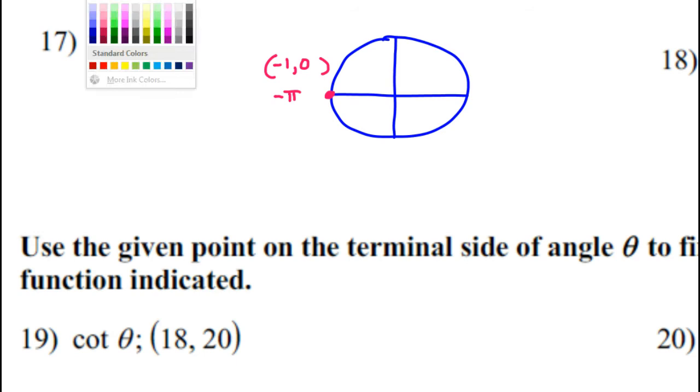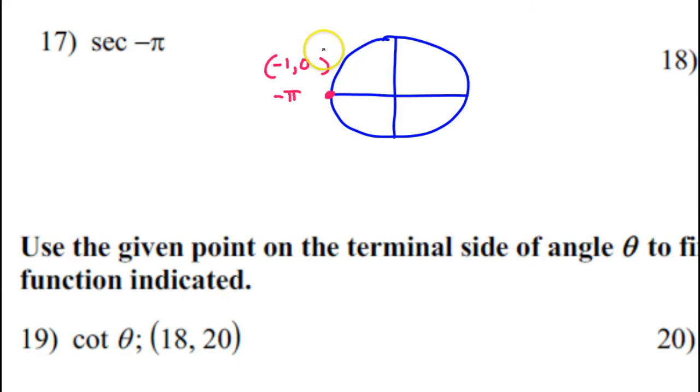Now, on the unit circle, the x-coordinate is the cosine of the angle, and the y-coordinate is the sine of the angle. So we have the cosine and we have the sine of negative pi.